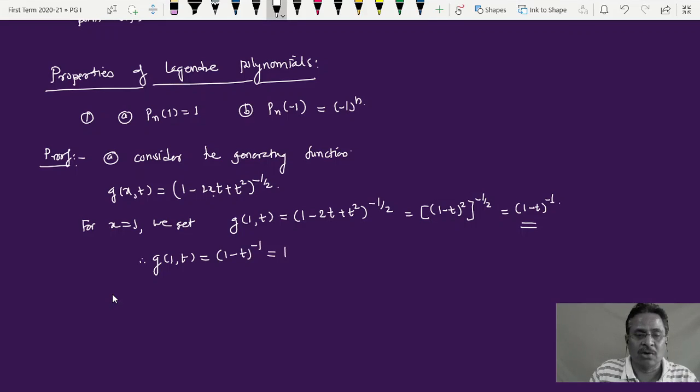It is given with all positive numbers: 1 plus t plus t square plus t cube plus t raised to 4 and so on, all positive coefficients. And this is a power series in t.